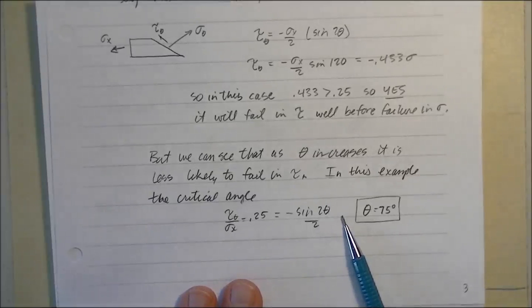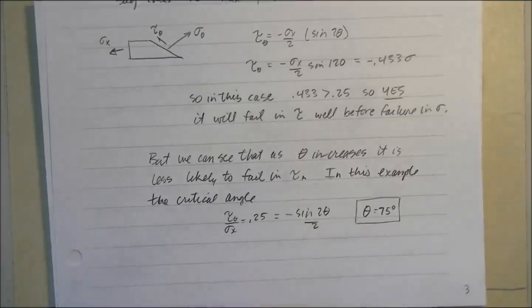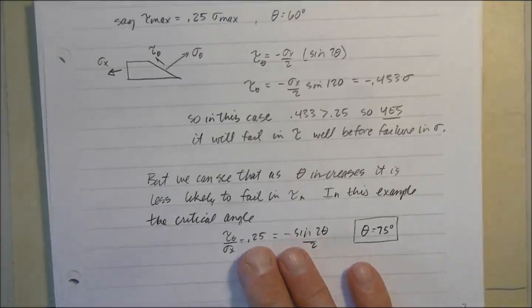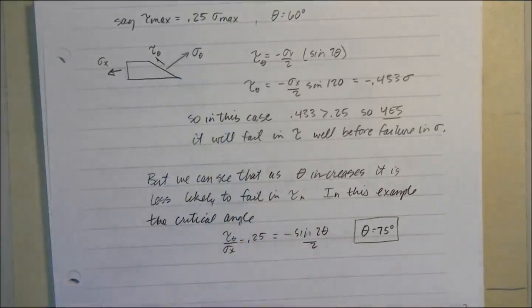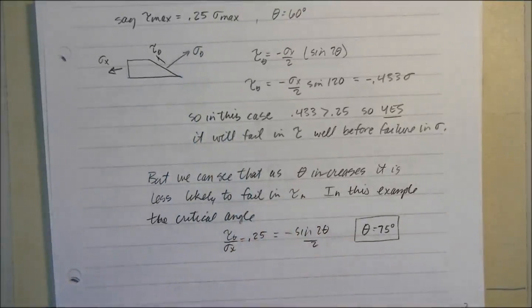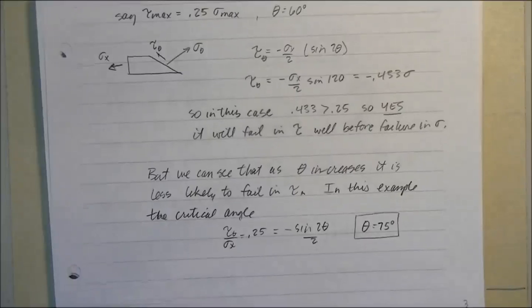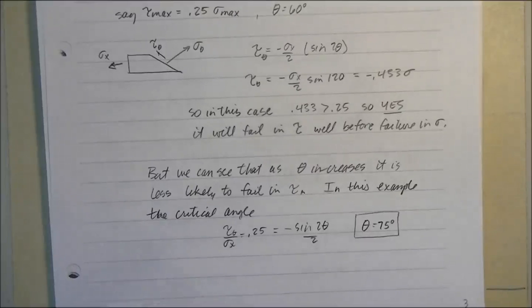Minus 15 degrees is the same as positive 75 degrees. So in this case, where maximum shear stress is 0.25 of maximum normal stress, it would fail at anything less than a 75 degree angle, or an angle between 45 and 75.